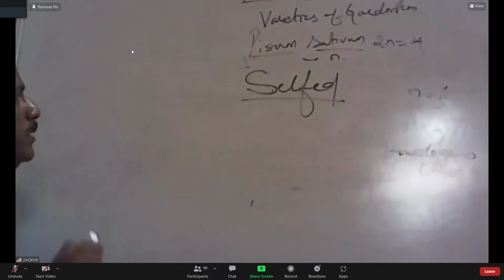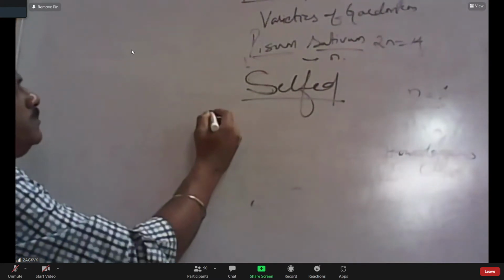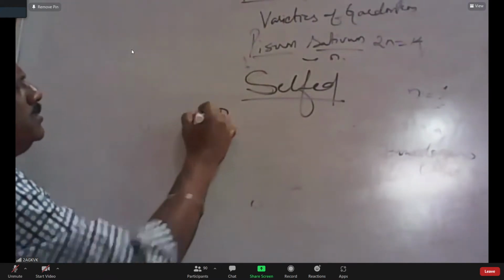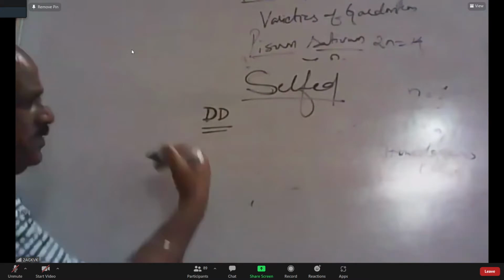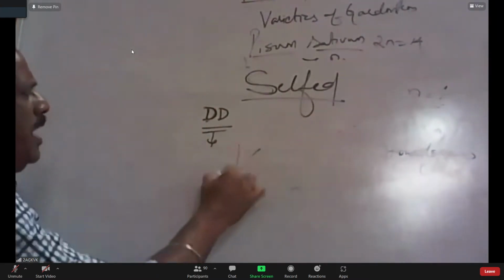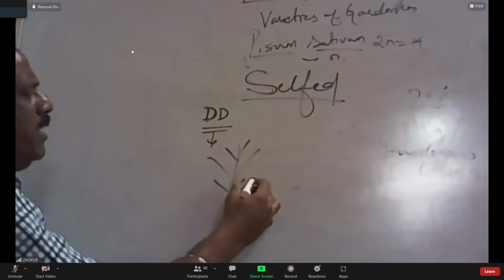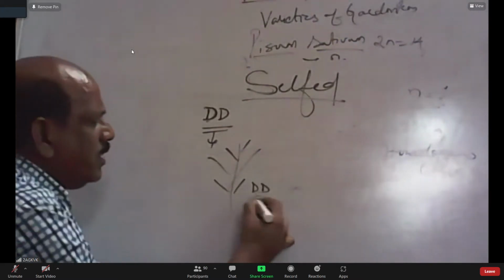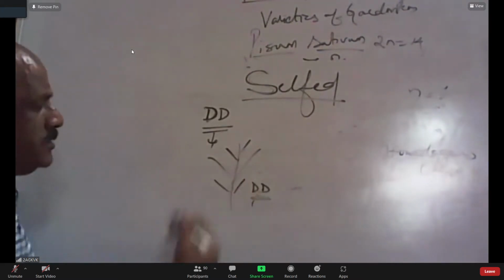For example, let us say this is a homozygous individual, and this individual is tall. The genotype of the plant for plant height is a tall one. Now, it is homozygous.